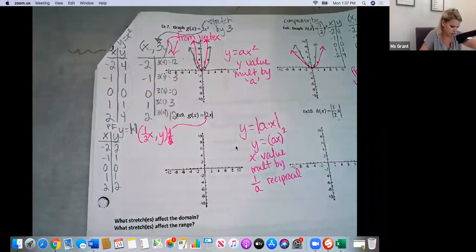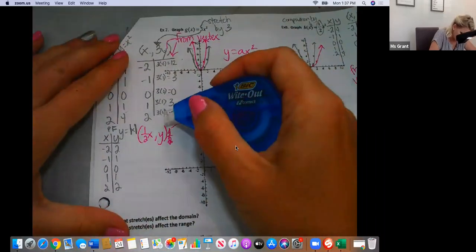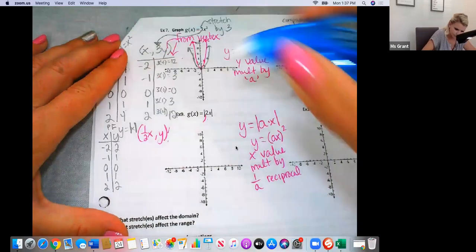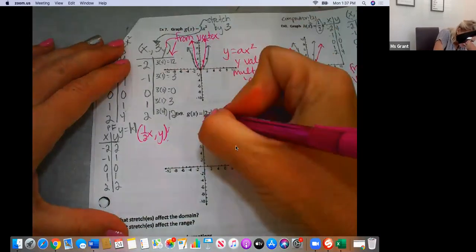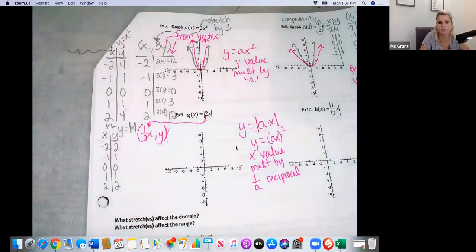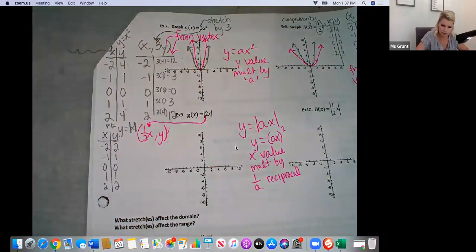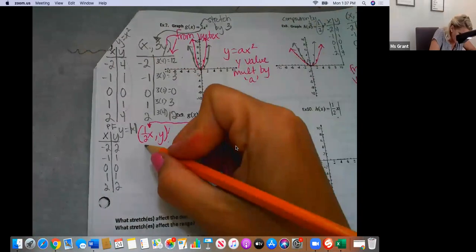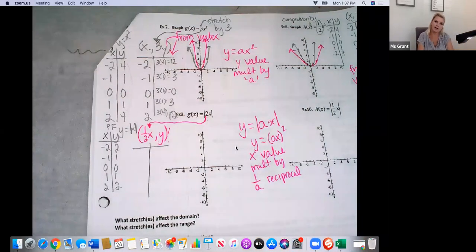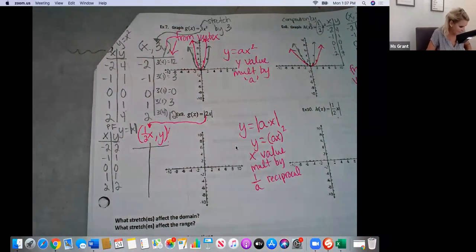So what I should do is make this look a lot better and say that the reciprocal of 2 goes right there. So the reciprocal of A gets multiplied by the X value. So I actually don't do too much differently because my X value now gets multiplied by 1/2.